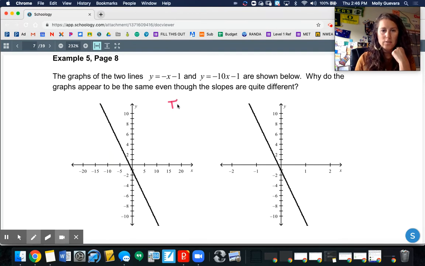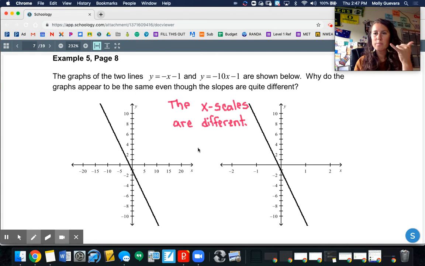Just to answer the question why, we can say the x scales are different. So it makes a really big difference. These two graphs look exactly the same, but you have to notice that the scales are off.